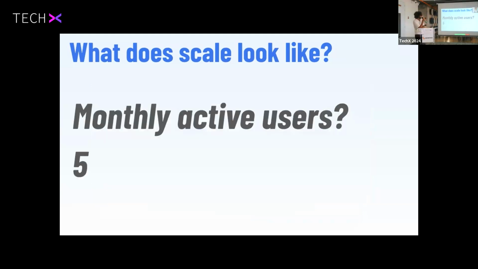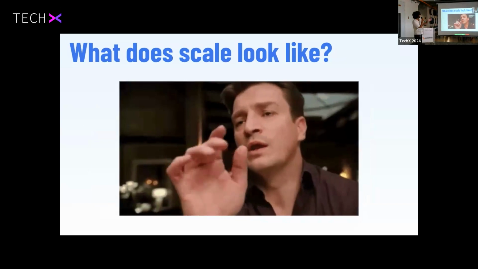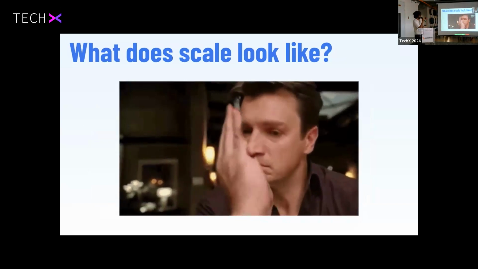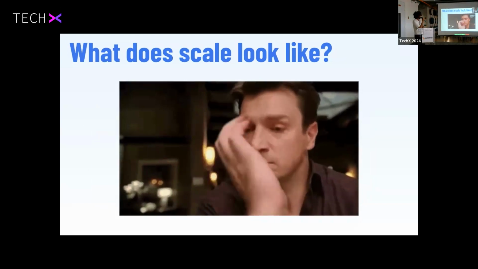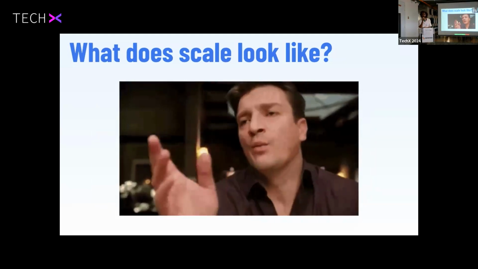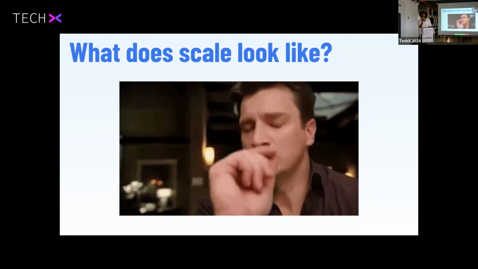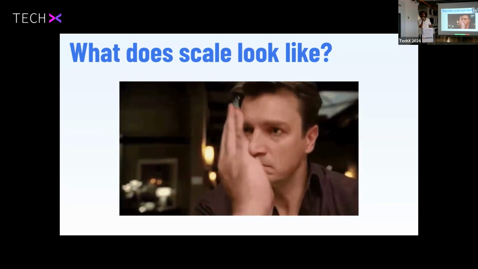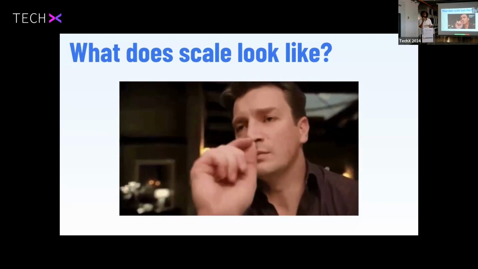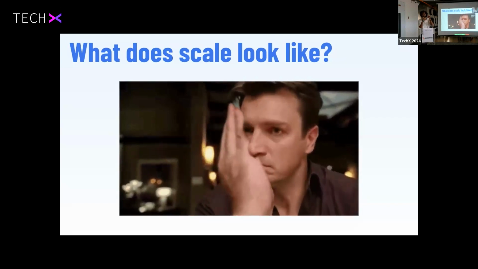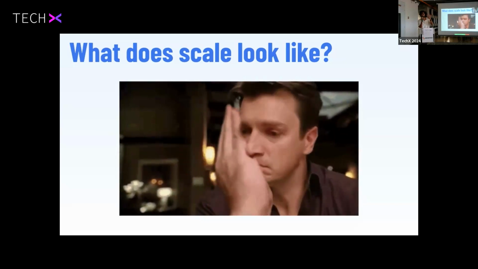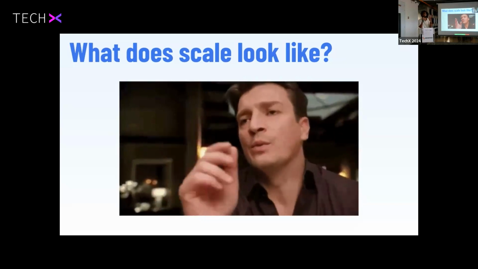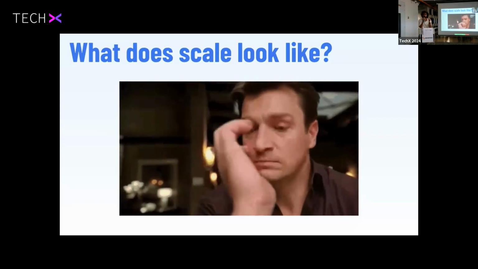So this is what scale would look like in a startup, right? If you have that architecture, and this is my reaction every time somebody comes to me and they have 5 users and they're asking how to implement microservices, right? At a startup, if you're just starting, you have 100 users, you have 500 users, you have 1,000 users, or somewhere in the range, I think monolith is the way to go, right?